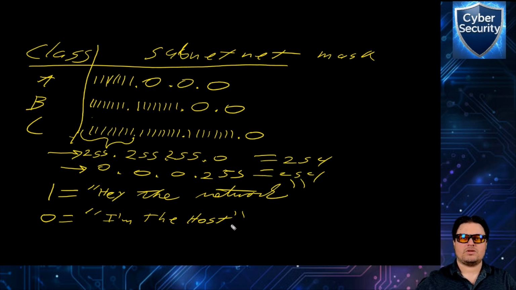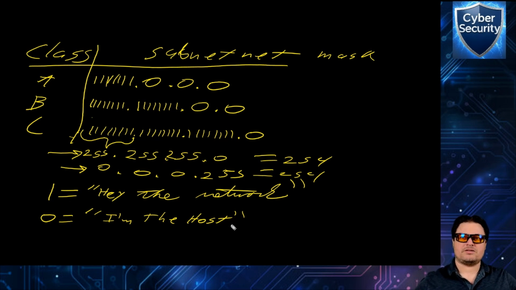Now, when you get into subnetting, I'll teach you subnetting in another video, because I came up with my own way of subnetting, and it turns out to be a lot easier than just guessing. You can use a subnet mask calculator, too.